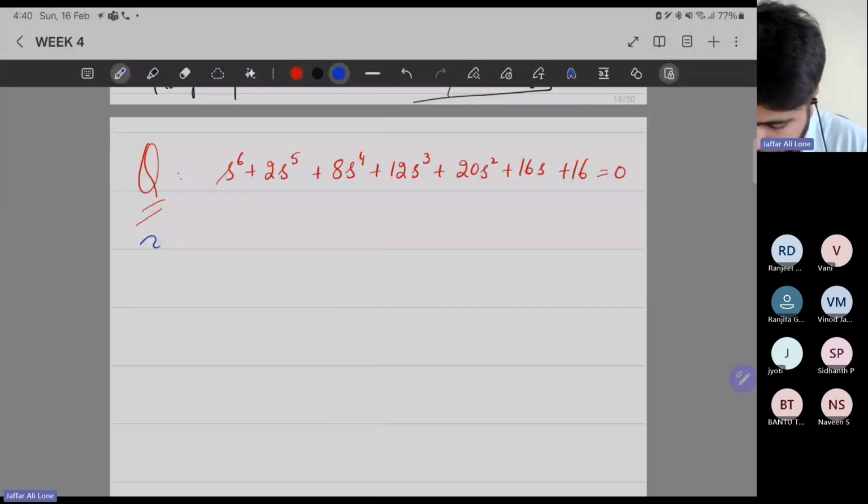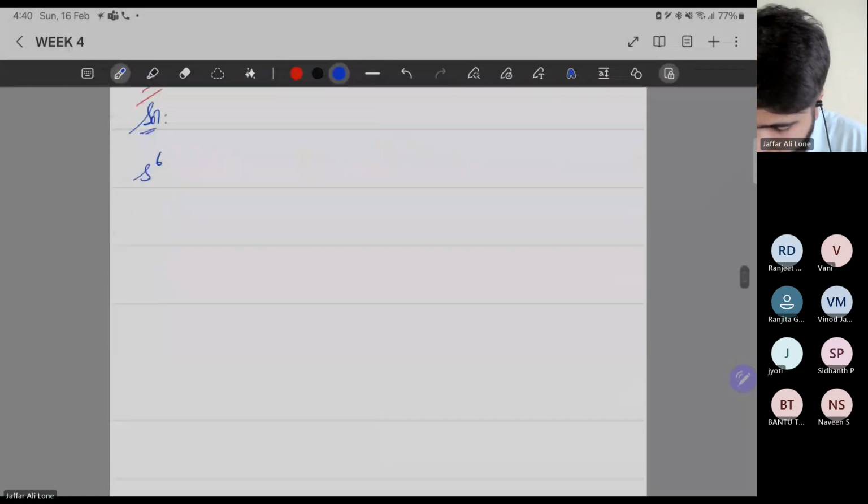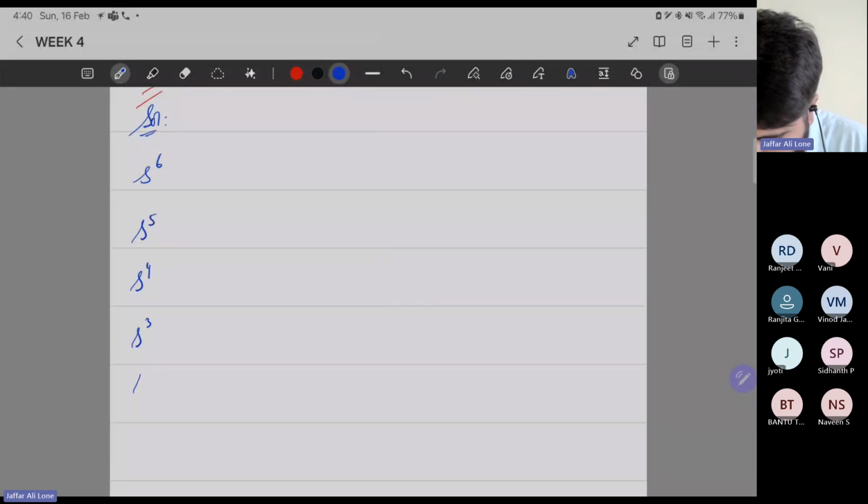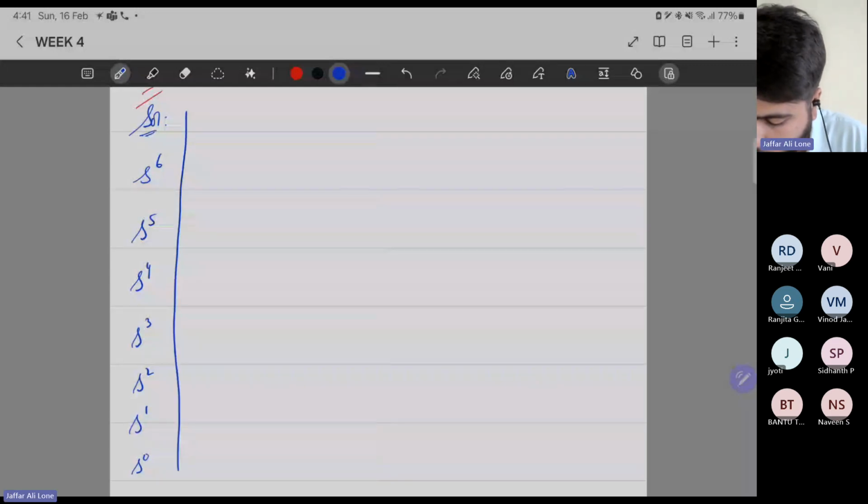If I solve it, it will be S6, S5, S4, S3, S2, S1, and S0. There will be 1, 8, 20, and 16. Will be 2, 12, and 16.